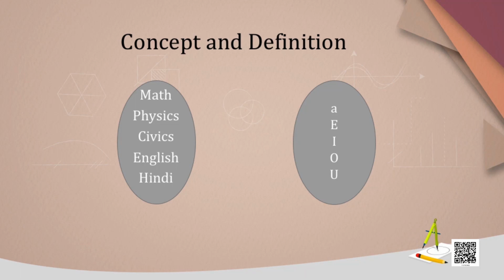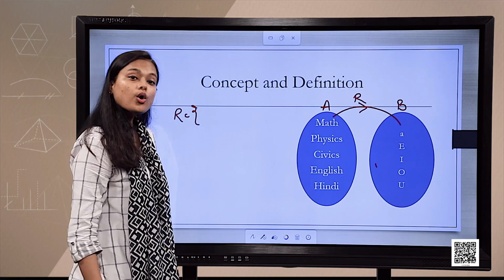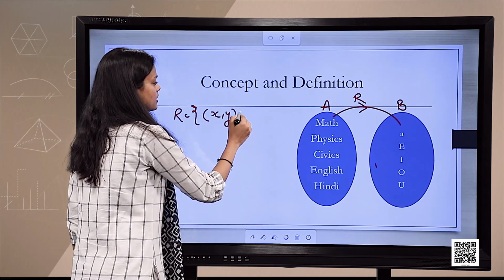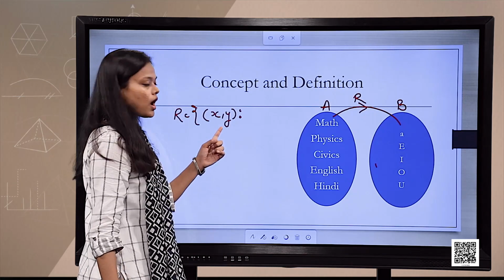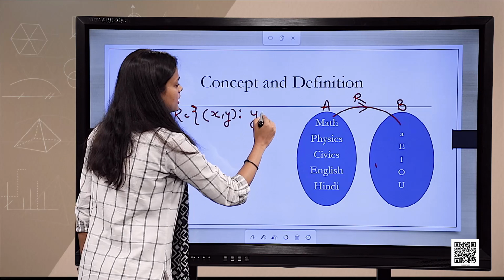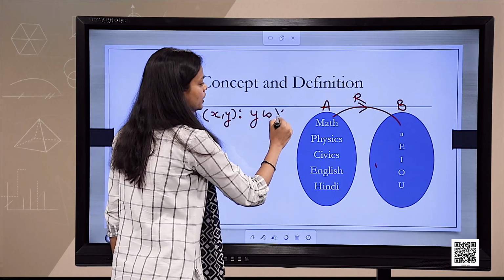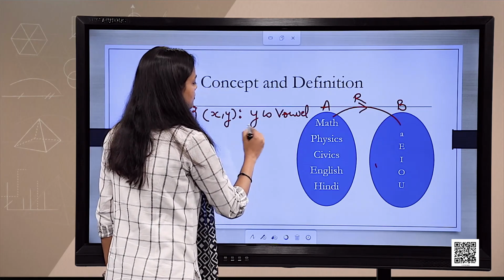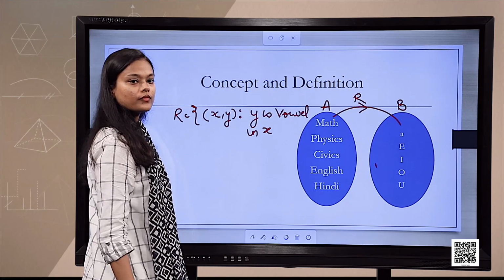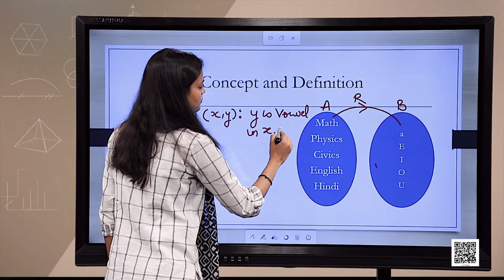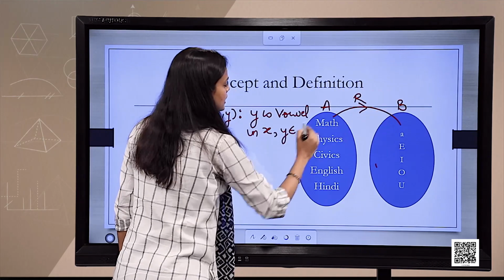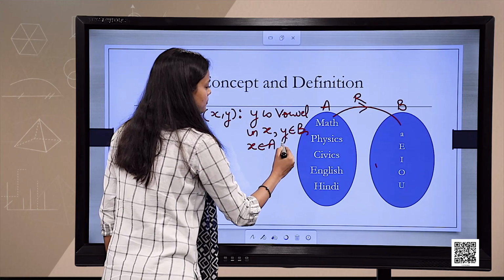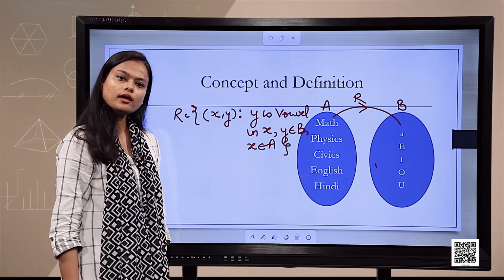Say suppose I have to find all those ordered pairs (x, y) such that y is a vowel in x, where this y is coming from the set B and x is coming from the set A. Okay?